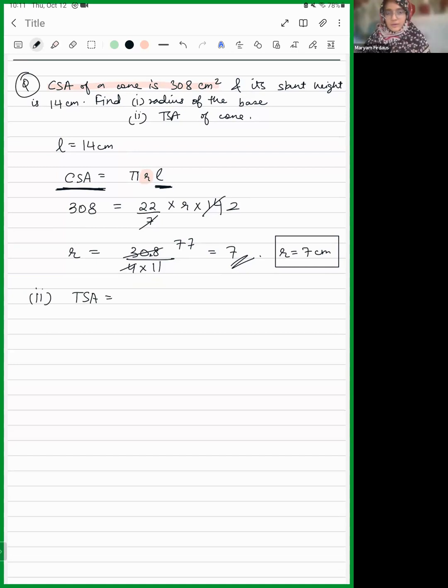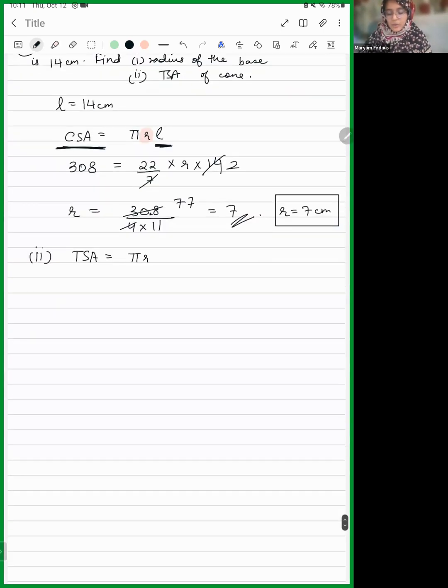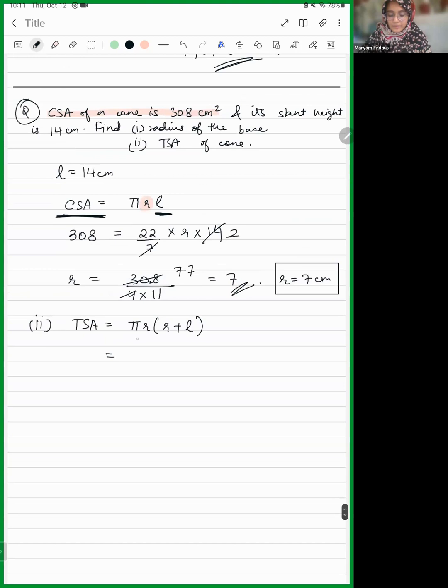Now we can write it as pi R into R plus L, right? Good. Pi R into R plus L or L plus R, same thing. So TSA is, find it out and tell me.